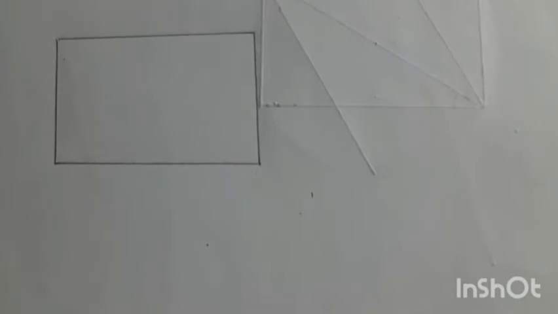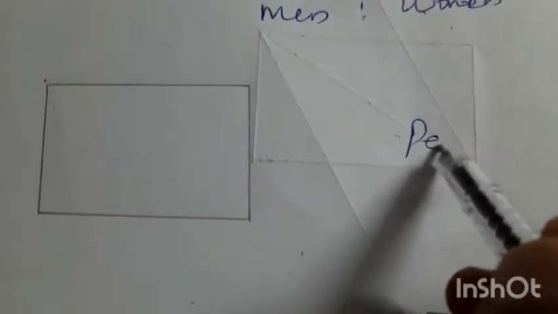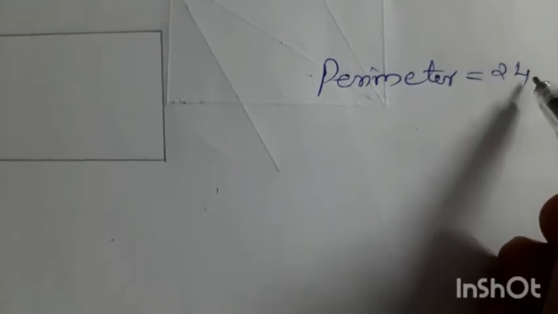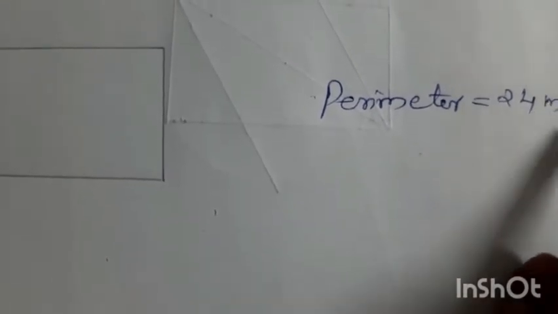That means we can say the length of the rope is 24. Length of the rope, if you start from here, total length of the rope is 24. That means we can say the perimeter of the rectangle is equal to 24. Perimeter of the rectangle is 24 meters.